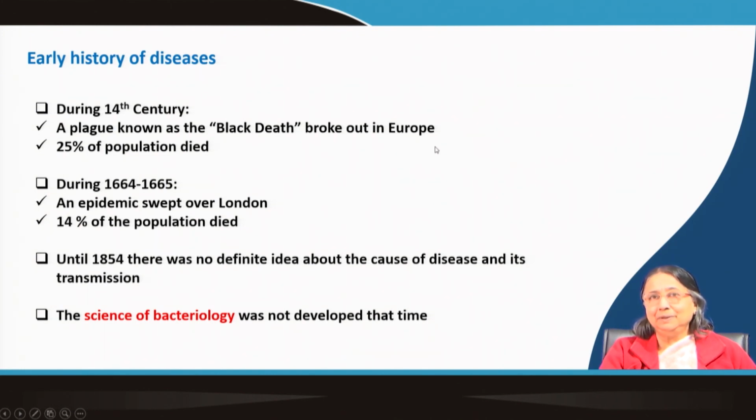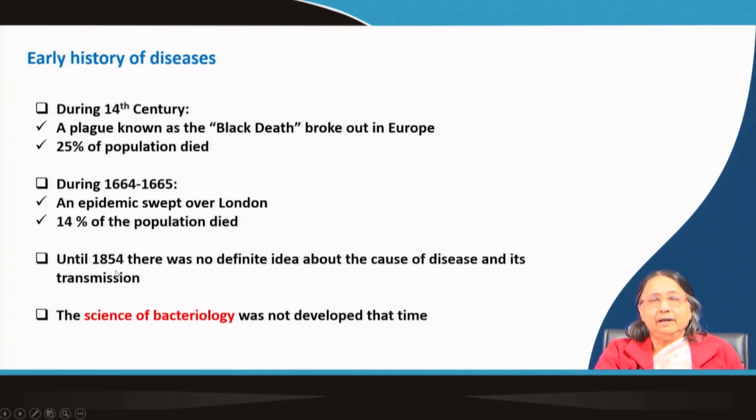In all the developed countries of that time, 25% of the population died due to this plague. During 1664 to 65, an epidemic swept over London, and 14% of the population died.